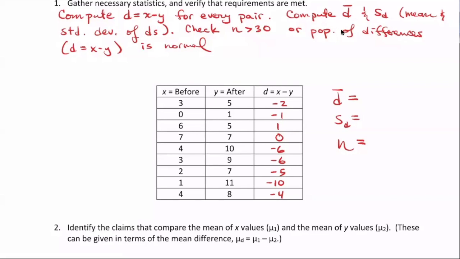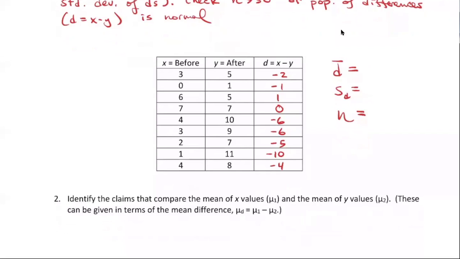I'll say negative 3.67, I think, for D bar. SD is 3.5 exactly, which is weird. N is 9. Okay, any questions?